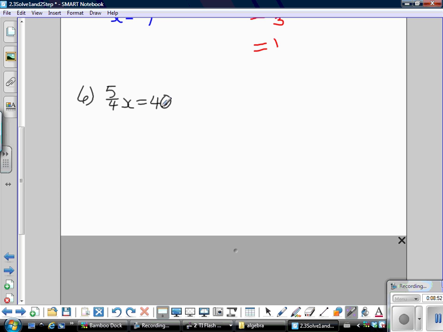5/4 x equals 40. So multiplying by 5/4 is the same thing as dividing. So the opposite would be dividing by 5/4, which would be the same as multiplying by 4/5. Okay, if you notice, all I did really there was multiply by the reciprocal of that number. Oops, I'm using the magic pen. That won't work because it'll disappear.